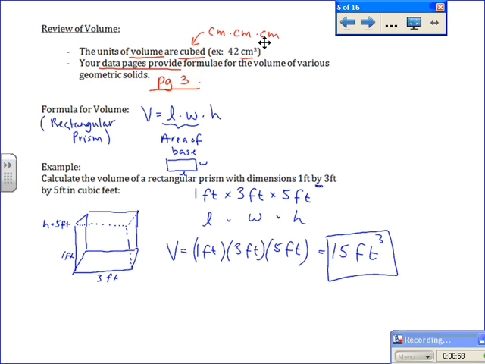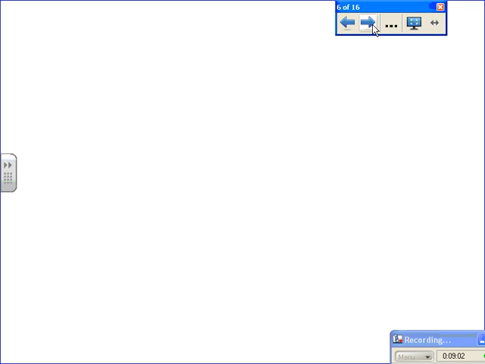This is essentially all we need to do for any volume of a rectangular prism. In your worksheet, you're going to do a couple of different examples here. Maybe I'll just do one more for you just now, to give you one more thing to look at. So let's do one more example of volume of a rectangular prism, or of a box.